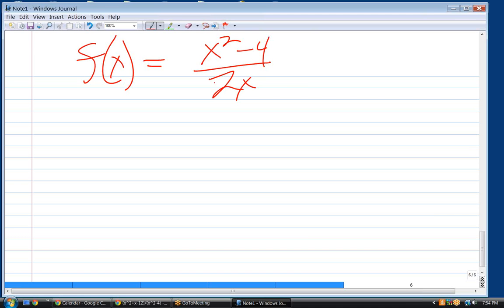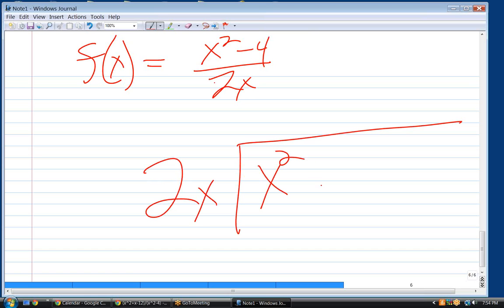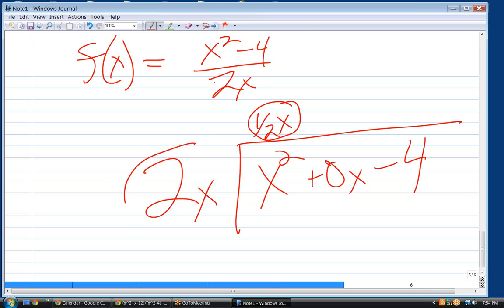So what we have to do here is do the division. And to do the division, we need to put in that dummy variable. Do you know how to do this kind of division? What goes here? 1/2 x. Remember that whatever goes here has to multiply that to produce that.